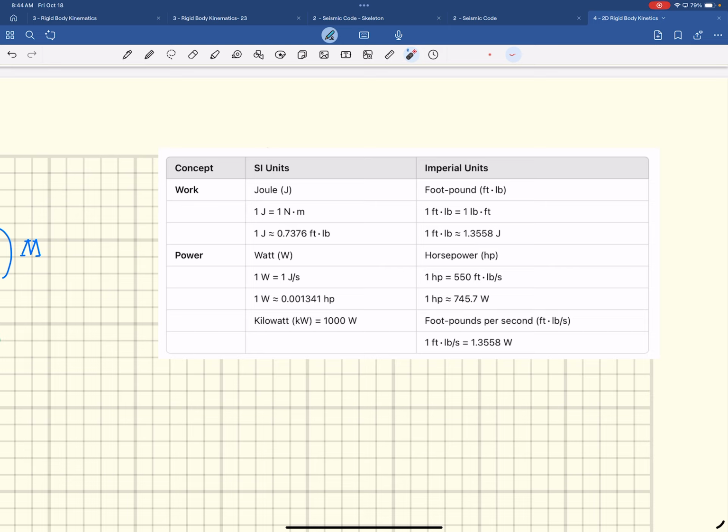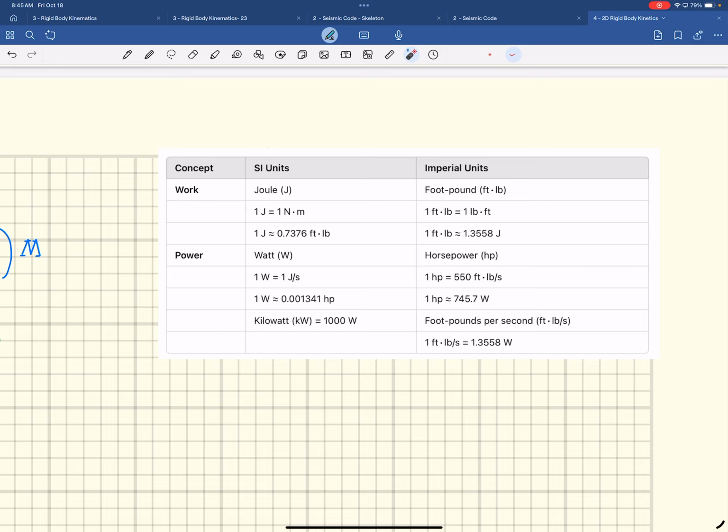Well, when we start talking about English units, we have horsepower, right? And what is horsepower? Well, it's 550 foot-pounds per second. Why? I don't know. Somewhere along the line, it's like, how strong is a horse? I think it's how much a horse can lift a certain weight with a pulley. So weird, but that's the difference between horsepower and a watt, and there's a relationship between the two.